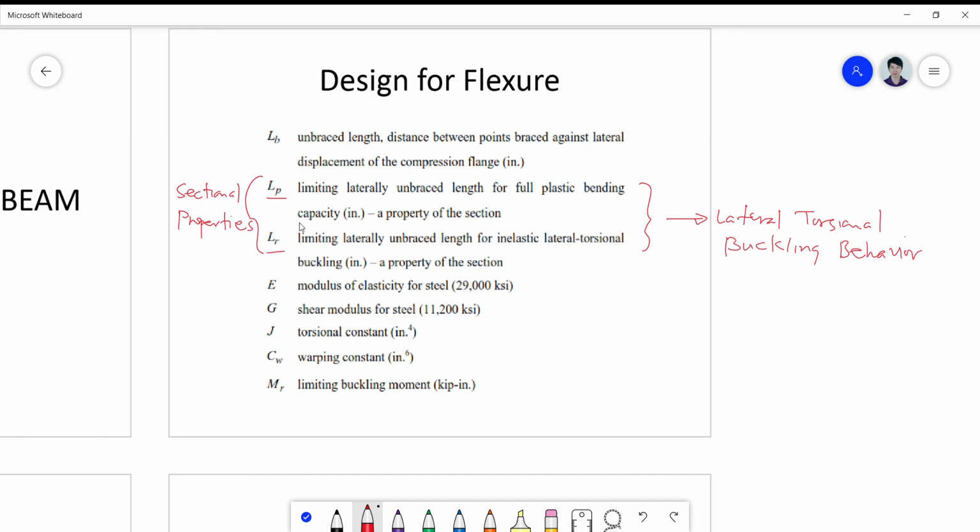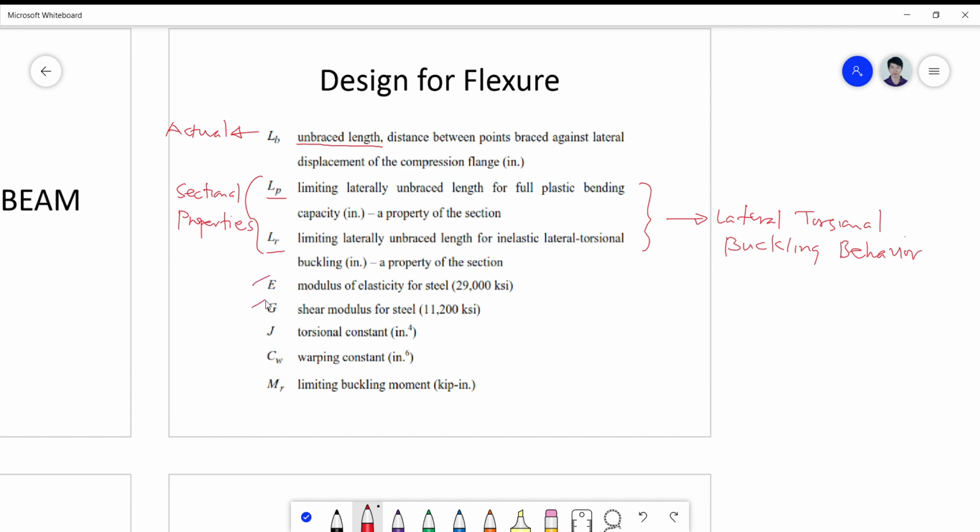So the Lb parameter here is the actual unbraced length, which you are going to compare with Lp and Lr to determine whether your section is critical as far as lateral torsional buckling is concerned.